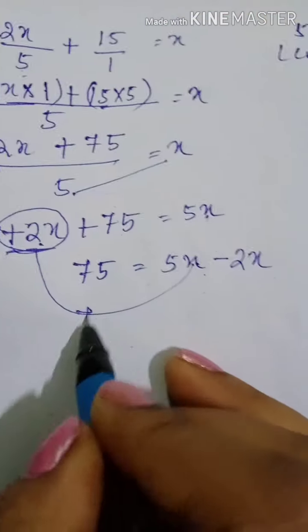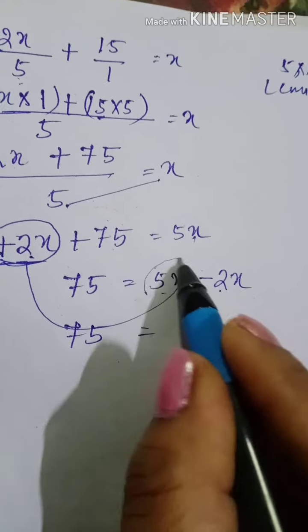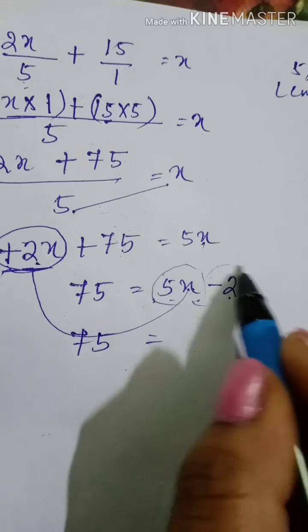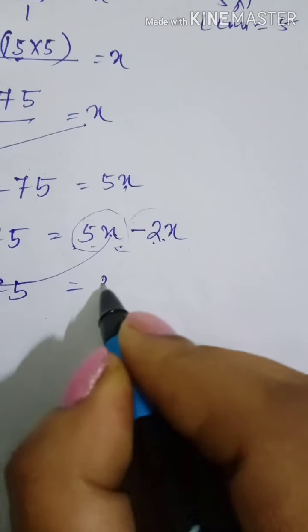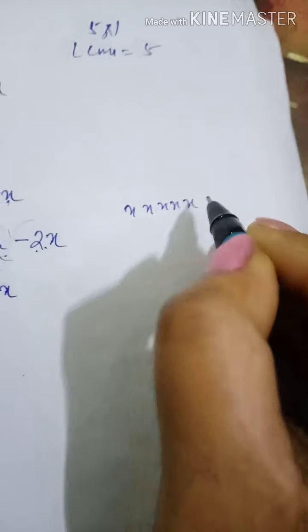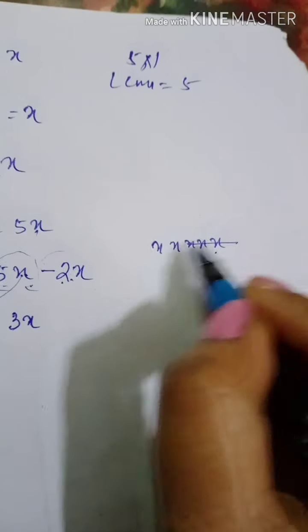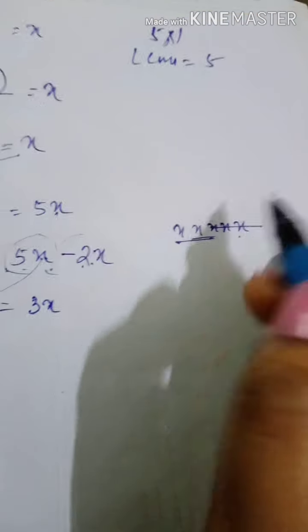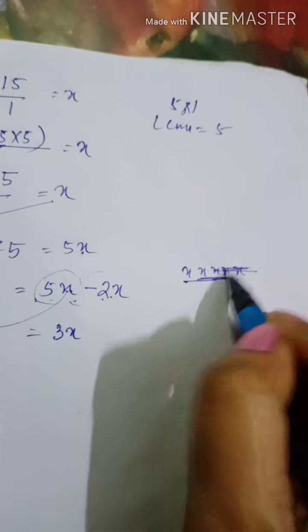So 75 is equal to 5x minus 2x. There are 5 x's, out of them you subtract 2 x's, then there remain 3 x's.